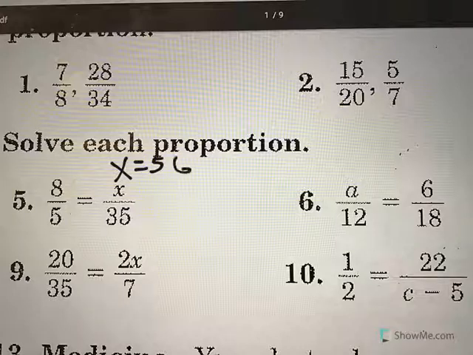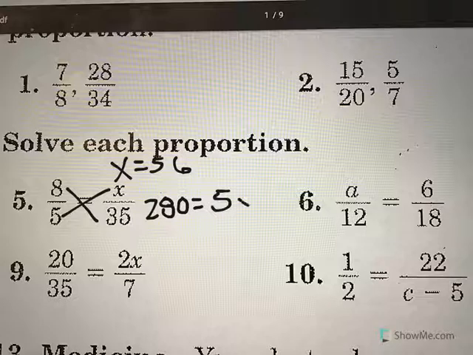If I were to cross multiply, I would do 8 times 35, which is 280, and then 5 times x, which is 5x. Again, if I multiply a constant, which is a number by itself, by a variable, I'm combining those, so I get 5x.